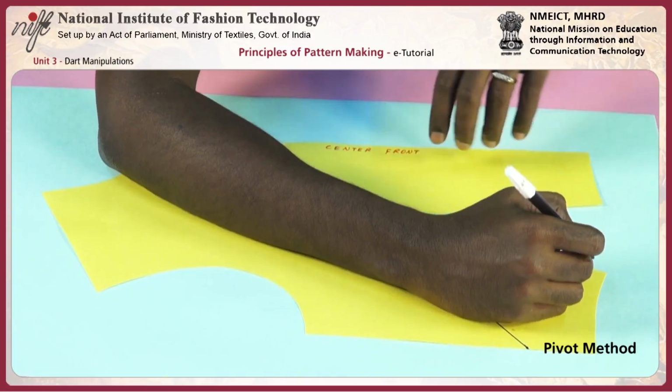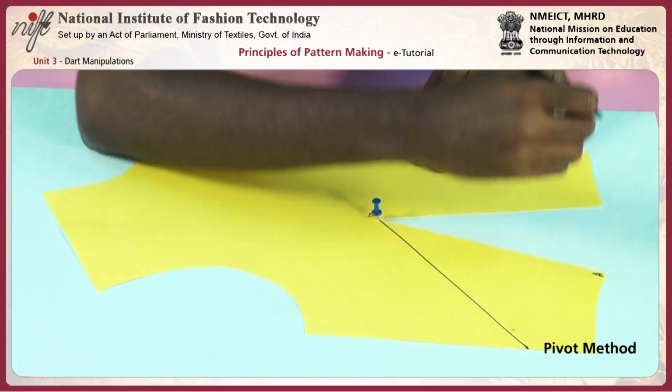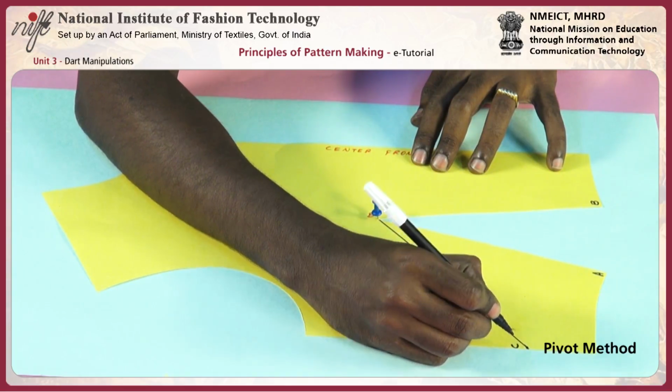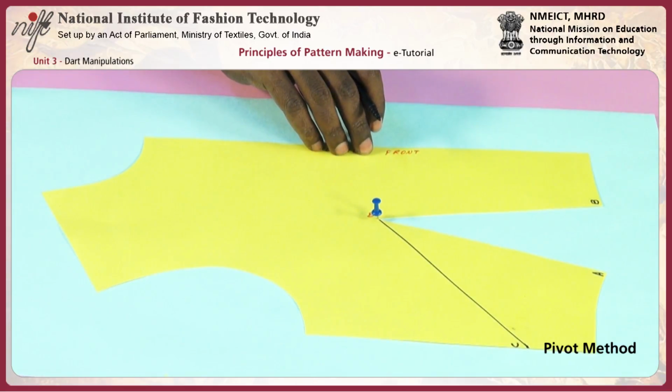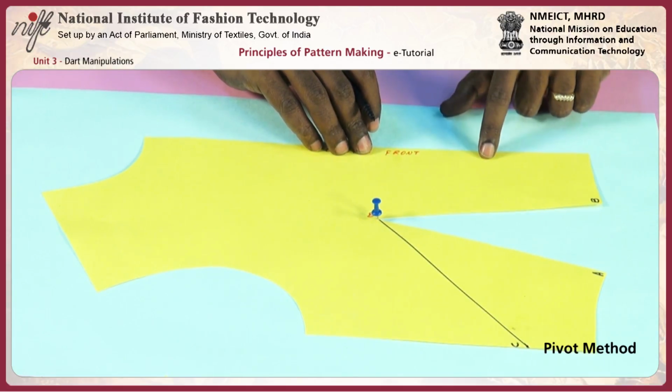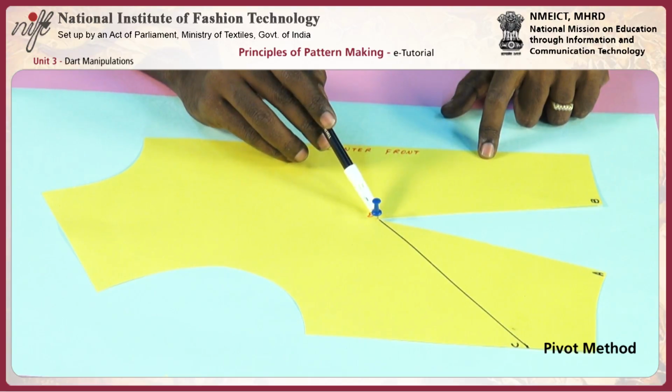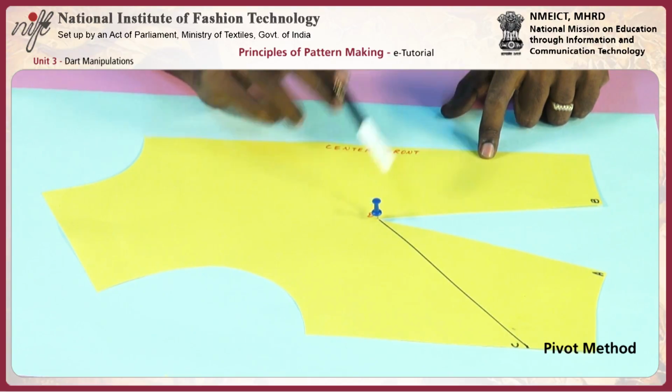Mark dart legs A and B and French dart position C. In this method we are going to rotate the bodice based on the pivotal point. Pivotal point is the dart end point, the highest point.